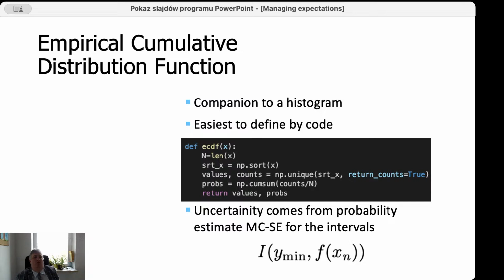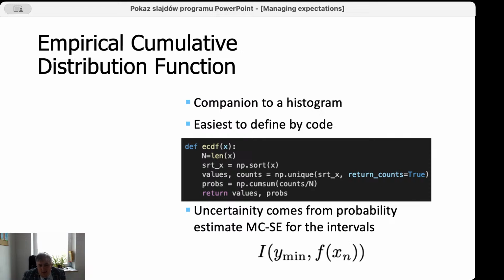A sister to the histogram is the empirical cumulative distribution function. The histogram is a function that allows you to observe the estimate of the entire probability density function. The ECDF is a function that wants to approximate the cumulative distribution function using just samples.